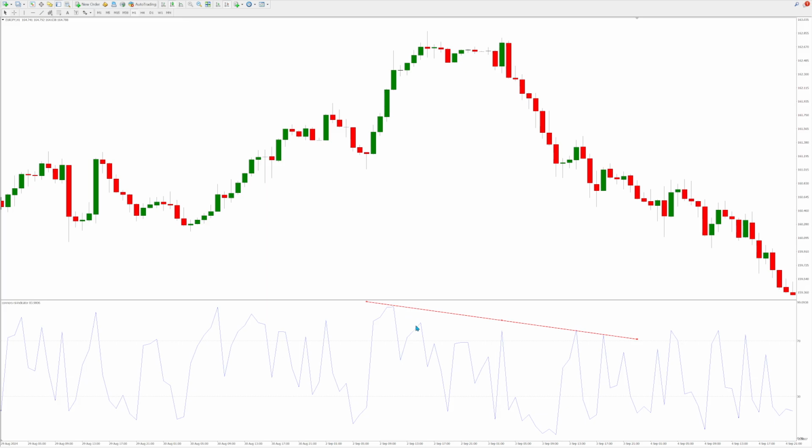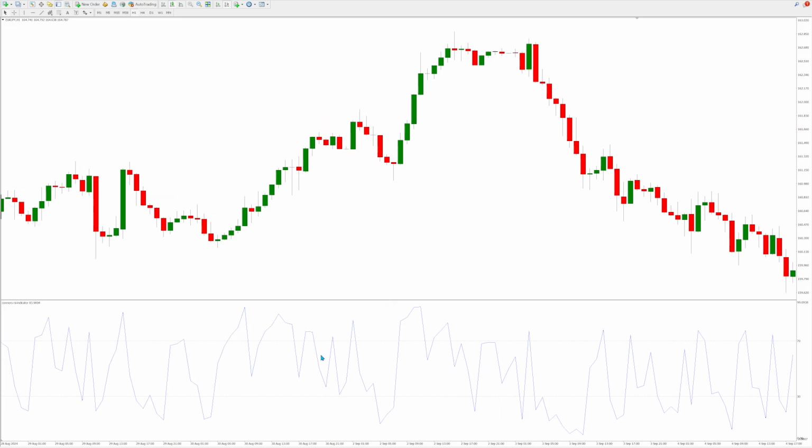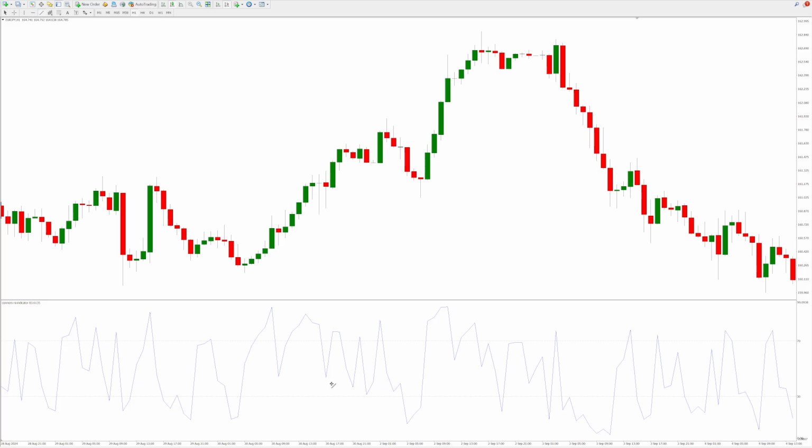That's divergence basically. And when the market was rising here, you can see the RSI was diverging upwards, higher lows, and the market was moving up. As it started to fall back down, the RSI reacted and made lower lows, market falling.